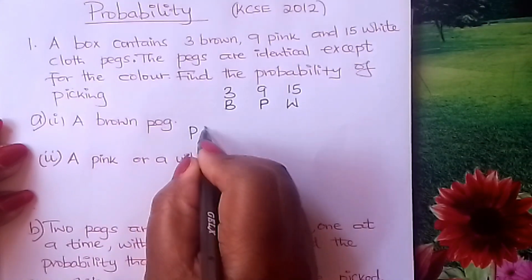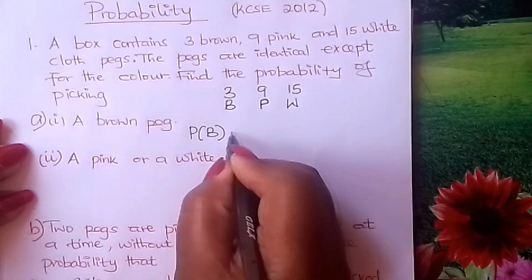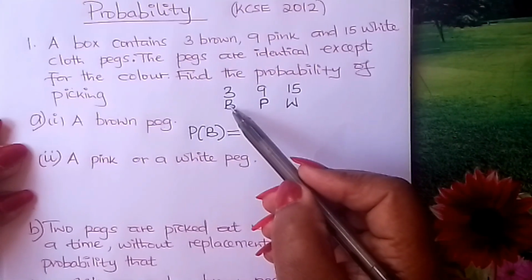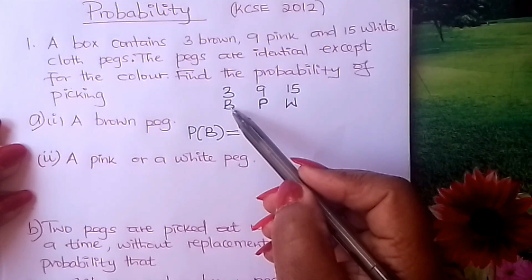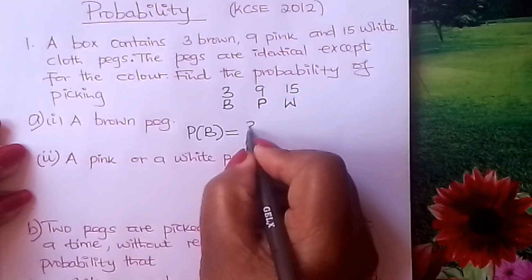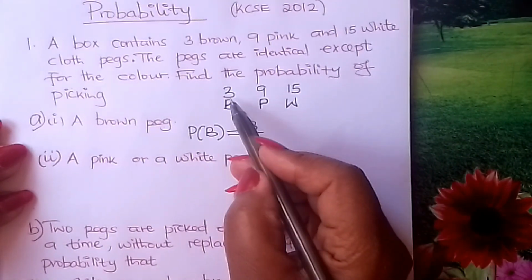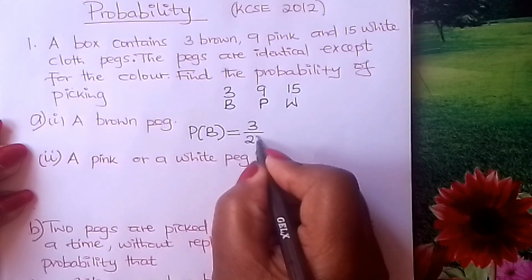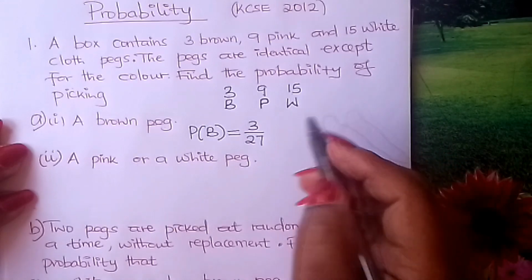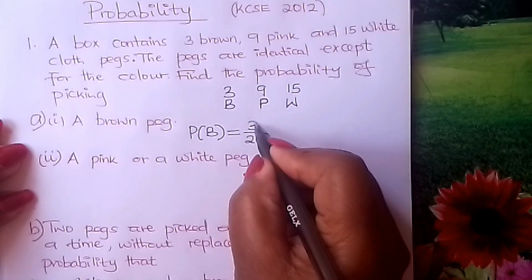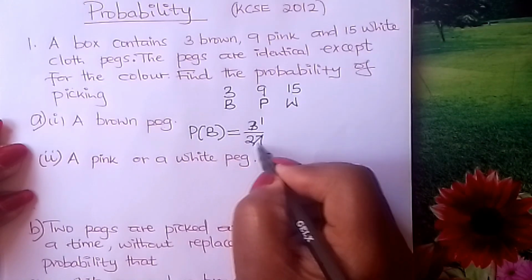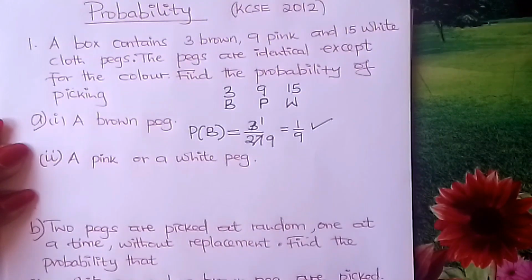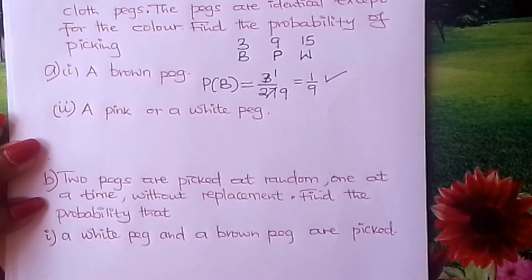So the probability of picking a brown peg is equal to the number of brown pegs, 3, out of the total. What is the total? 3 plus 9 plus 15 gives us 27. Then you can simplify by 3: 1 over 9. There we are.